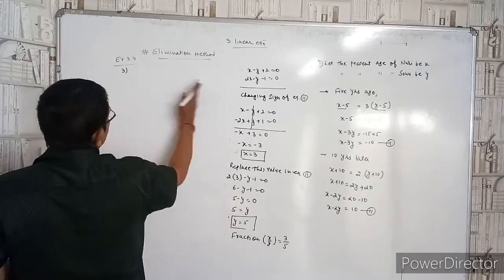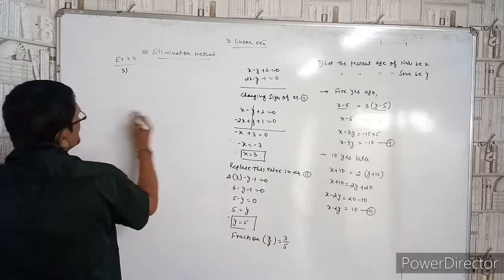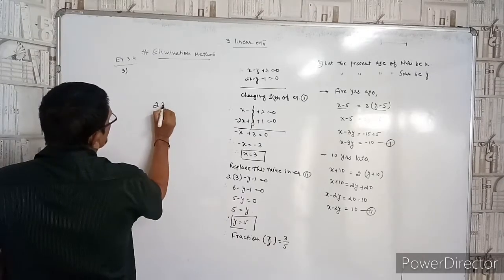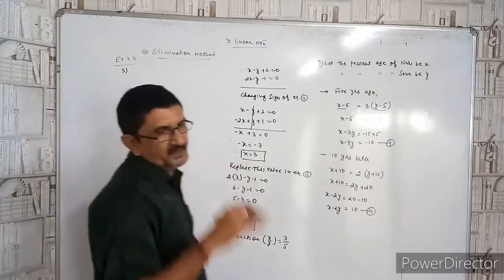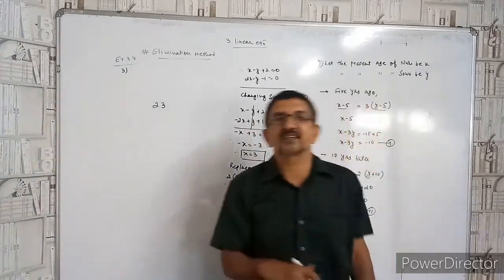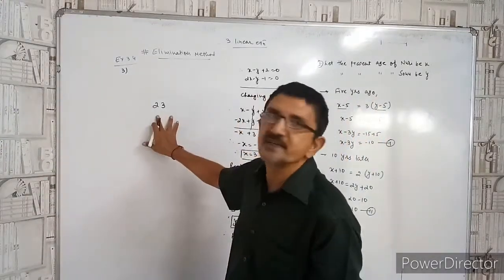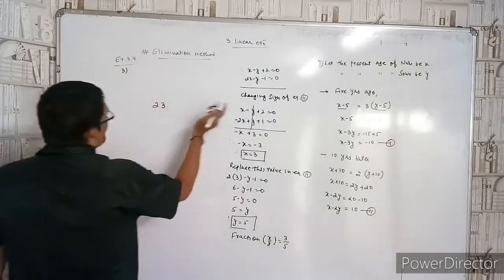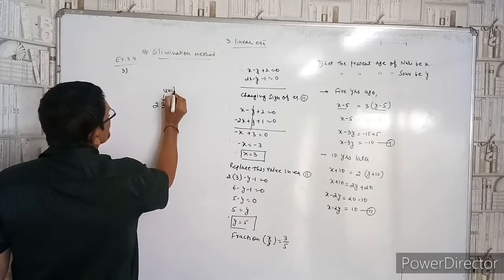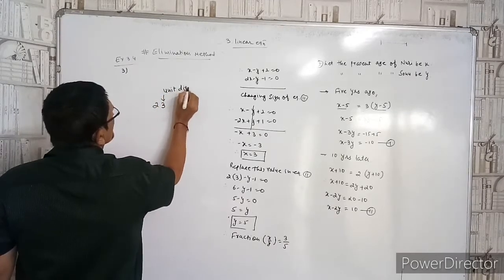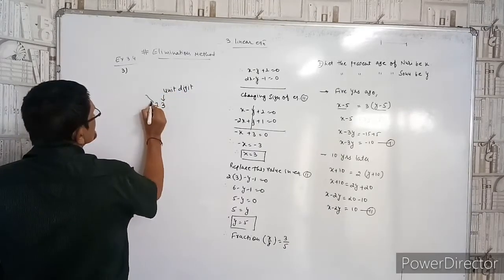Just I am putting here any number for explanation. Suppose this is a 2-digit number, 23 or 25 or 29 or 89, 87, whatever we consider, it's a 2-digit number. So here on the right side, this is considered as the unit digit and this is the tens digit.